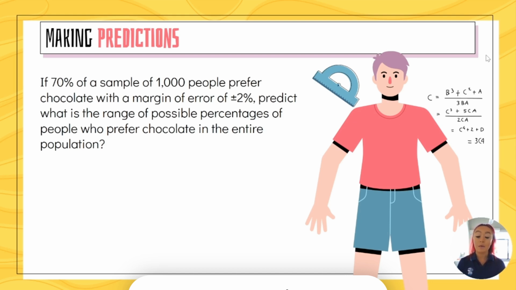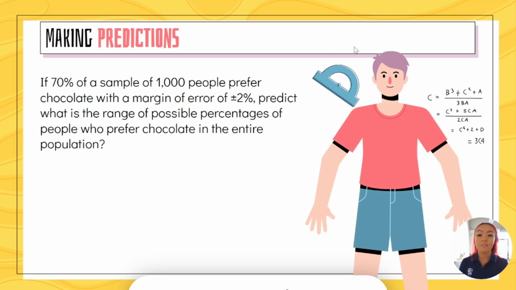So let's look at making some predictions. If 70% of a sample of 1,000 people prefer chocolate with a margin of error of plus or minus 2%, predict what is the range of possible percentages of the people who prefer chocolate in the entire population.